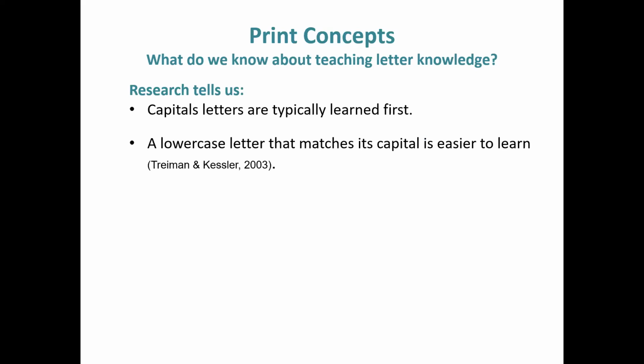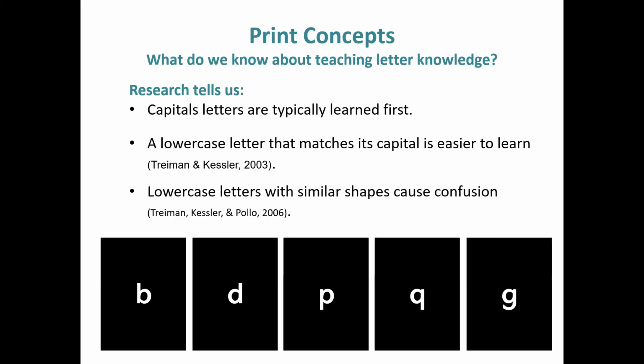And since uppercase letters are typically learned first, lowercase letters that look like the capital letters are easier to learn, like S and Z. We also know that letters with similar shapes are going to confuse students, so we need to be careful, especially with letters like B, D, P, Q, and G. Studies have found that students had less confusion if they mastered one potentially confusing letter before being introduced to another letter with a similar shape.